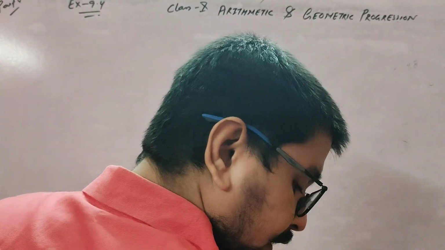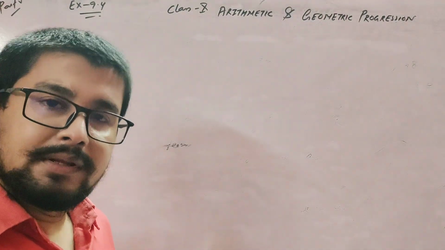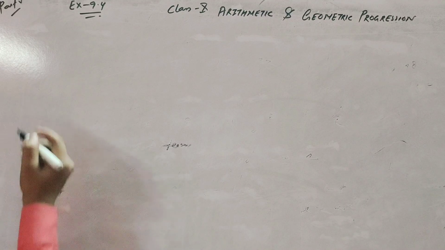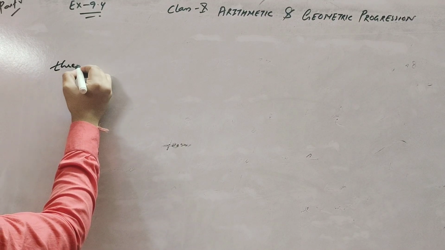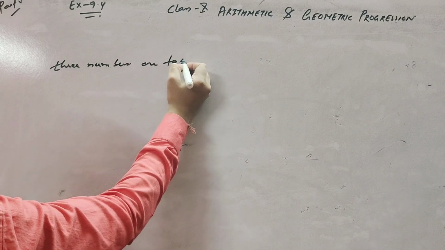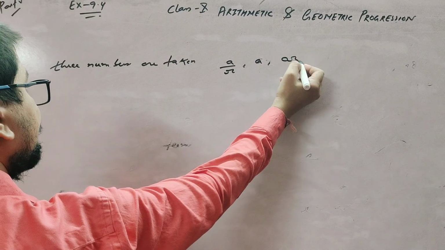Now we know how to take three numbers in AP, that is a minus d, a, a plus d. So how do you take three numbers in GP? Okay, so three numbers are taken as a by r, a, a into r.